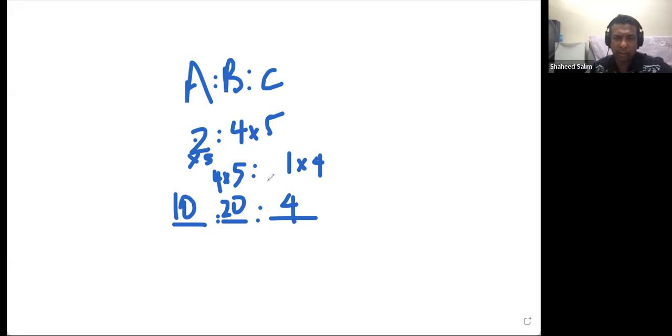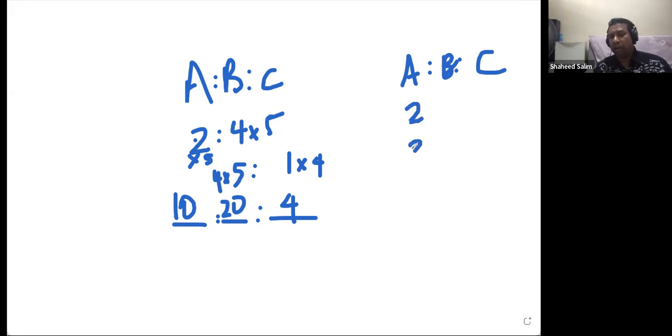You get it? But now what they do, they give you like this: A to B to C. Let's say now I give you 2 and 3. A to B is 2 to 5. Sorry, A to C is 3 to 4.